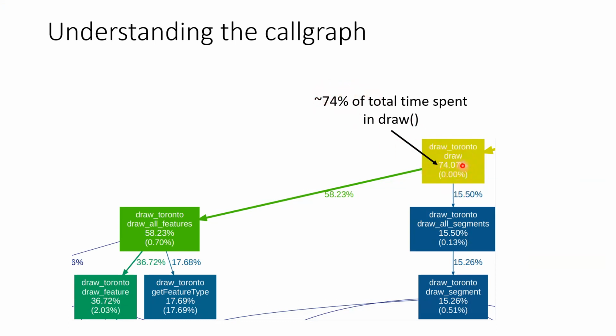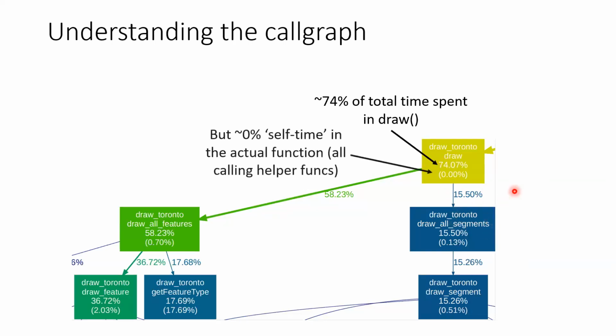Draw Toronto takes about 74% of total time, but 58.23% of that 74% is calling draw all features inside Draw Toronto. And the other 15.5% is calling draw all segments.